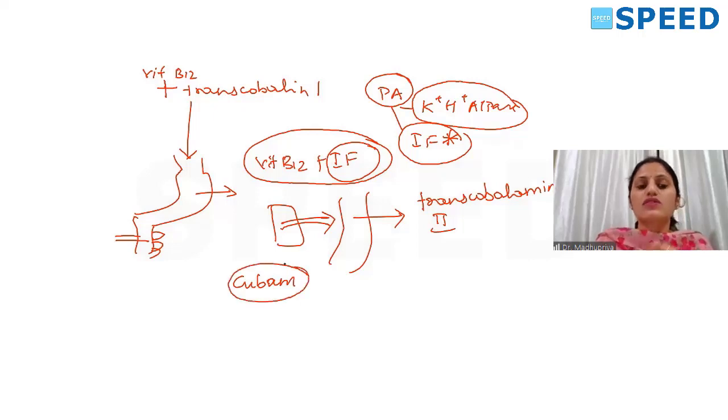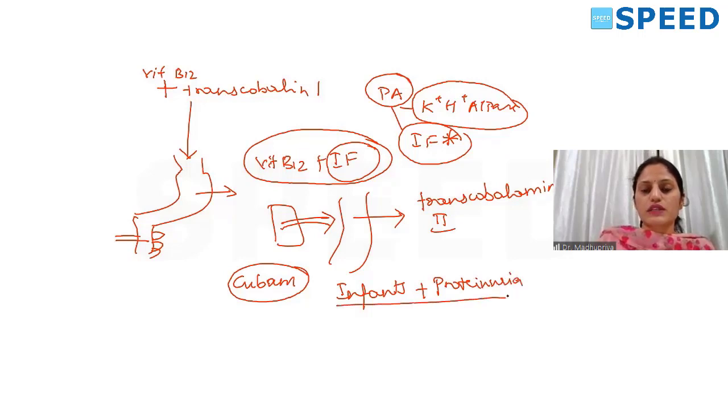When there is a defect, though there is vitamin B12 bound to intrinsic factor, the body will not be able to absorb it. This is seen in infants. So they will have congenital megaloblastic anemia, along with proteinuria. Fine, that is one cause of congenital vitamin B12 deficiency.